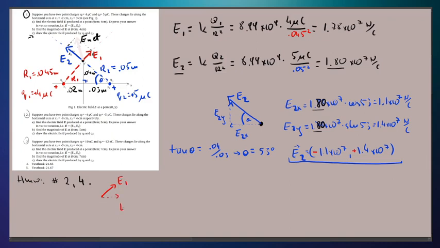So here's the E1x, and then you have E1y. Here's the angle theta, and that angle theta here is the same as this angle. Now let me get rid of this r, because it's in the way.